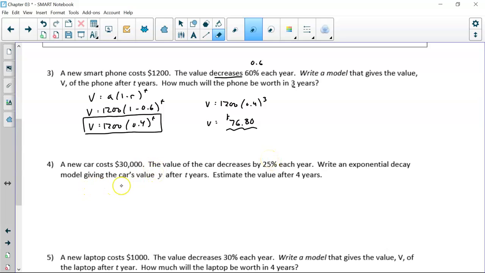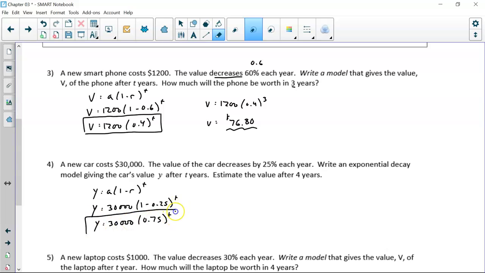So a new car, also something that depreciates pretty quickly. So our cost, y, equals a times 1 minus r to the t. Started out at $30,000. 1 minus 0.25 to the t. y equals 30,000 times 0.75 to the t.